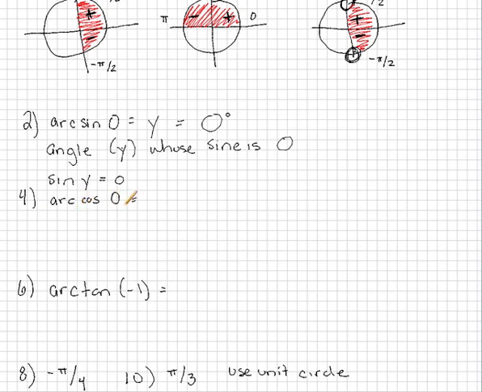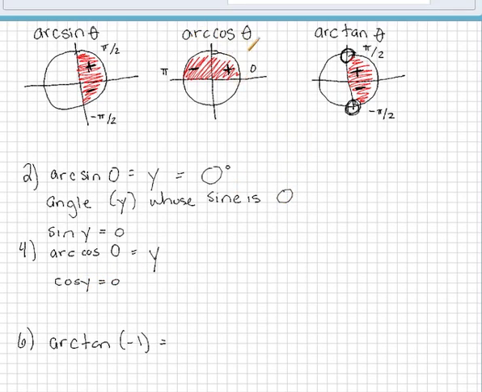Let's go ahead and try number 4. The arc cosine of 0, let's again call that y, is the angle whose cosine is 0. Or if you need to rewrite it, you can rewrite cosine y is equal to 0. We're going to go up to our picture for arc cosine and look for the place highlighted in this picture where the cosine would be 0. The cosine is another name for the x-coordinate, and the sine is another name for the y-coordinate.